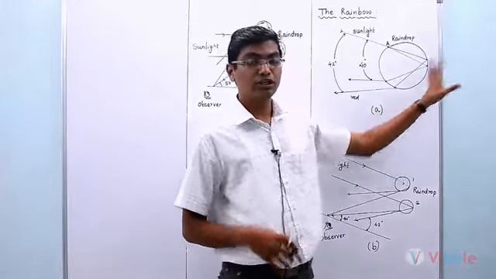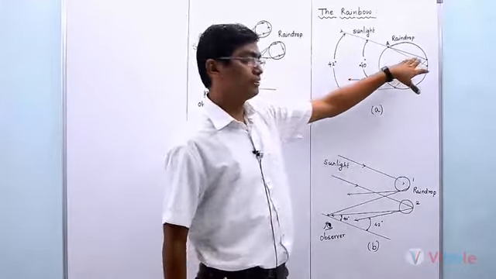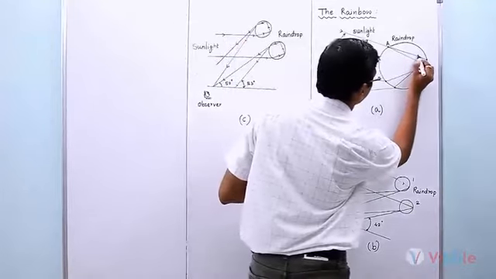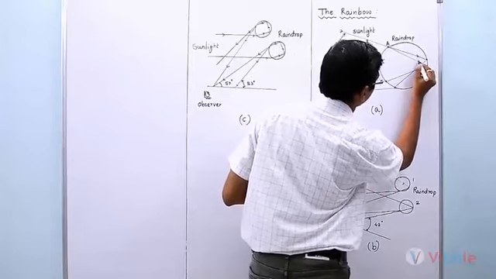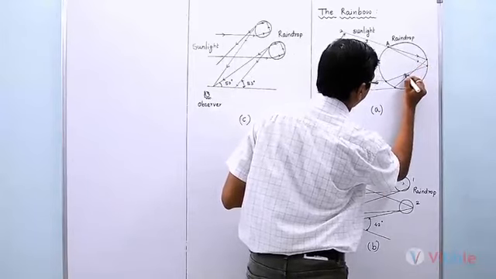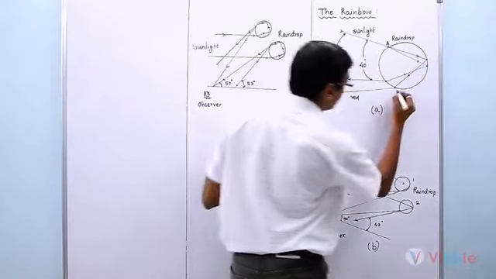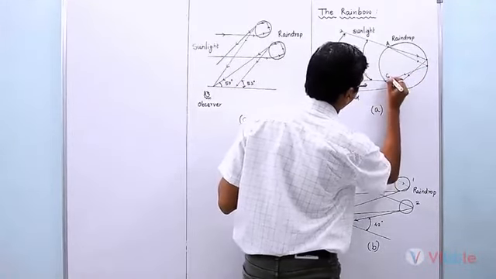So as you can see here, both these rays will get reflected back internally at points B and C.